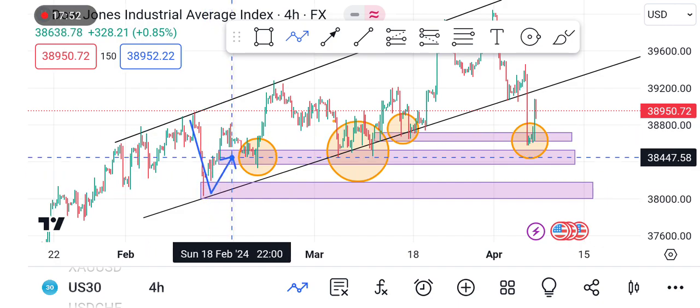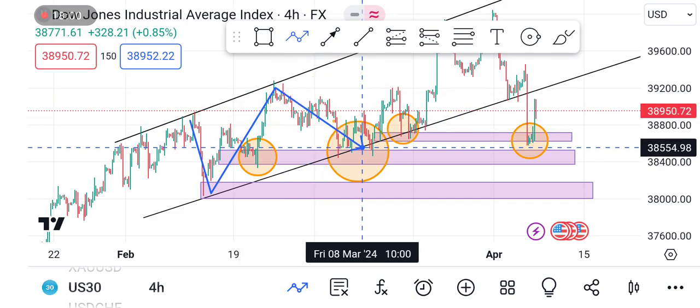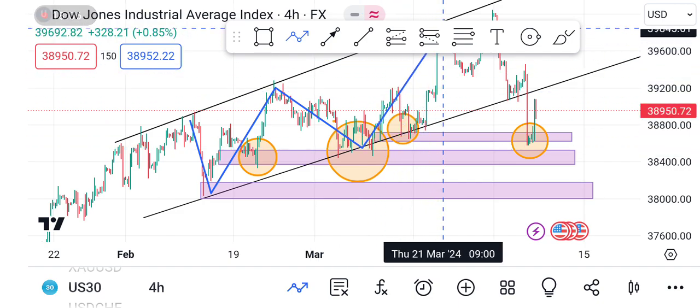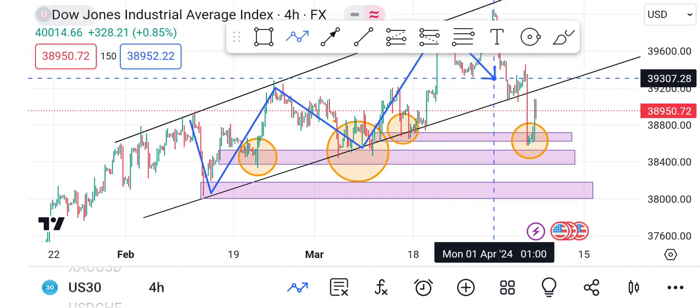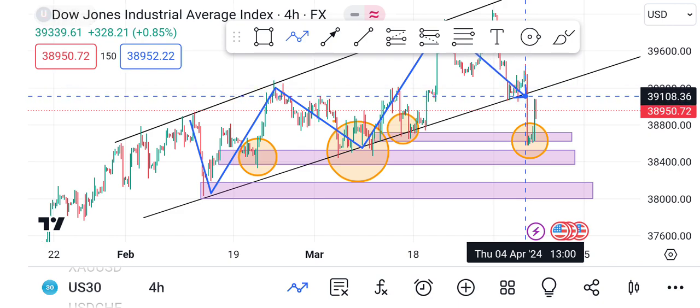Again, tapped into this level of support, resistance. Then price tapped into this level of support, then made its way up to the level. Then came down all the way here, where we had our breakout.